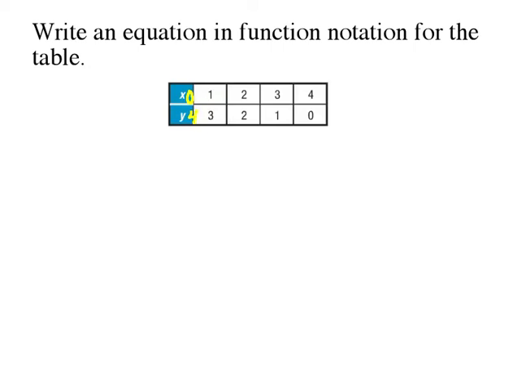So now, if you remember what we did when we had the problem about the soccer goals and the problem about the trainer, I look at my change here. What's my change going to be? Negative 1. What's my change here? Plus 1. So the rate of change here will be negative 1 divided by positive 1. So what's my rate of change? Negative 1.